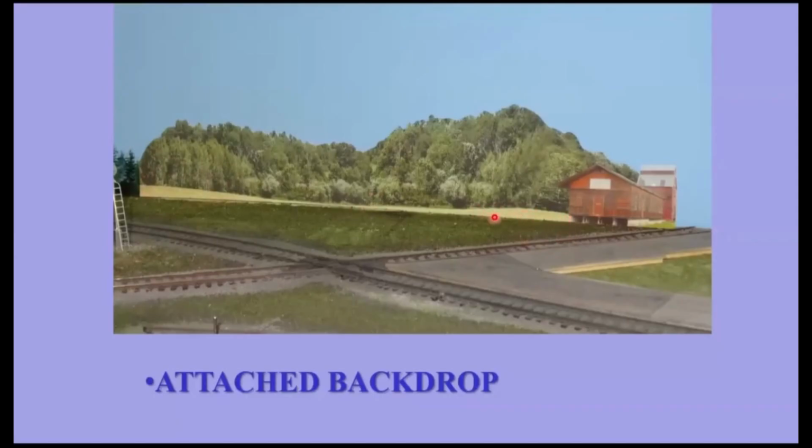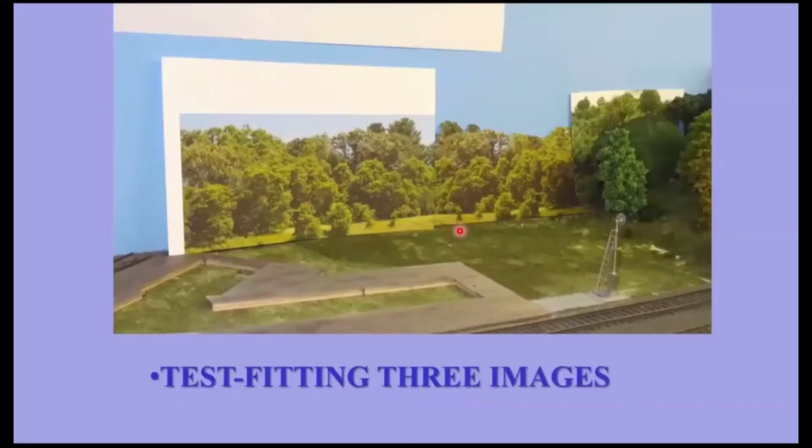Here I've got grass that really doesn't blend in, but I'm learning as I go along. On the other side of the junction track, more images of trees that I had printed up, just sizing them, seeing what works.